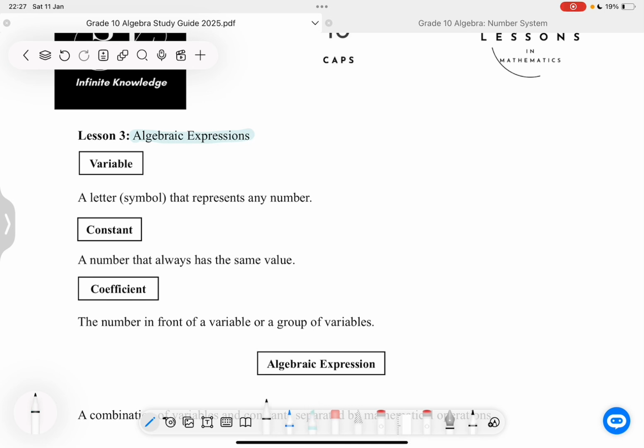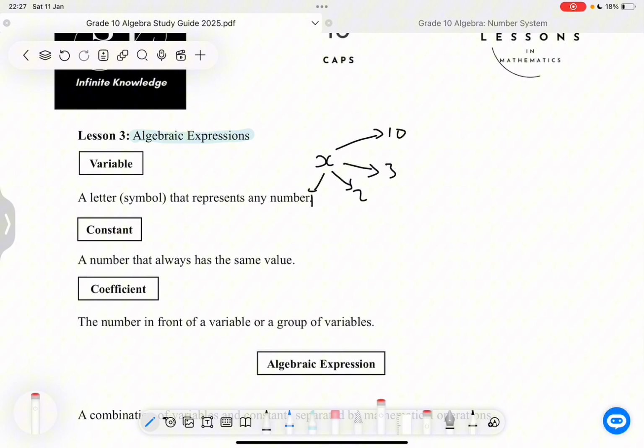So we can take a symbol or a letter X to represent any number. So this is to say that X can be 1, or it can be 2, or it can be a 3, or even maybe it can be a 10.